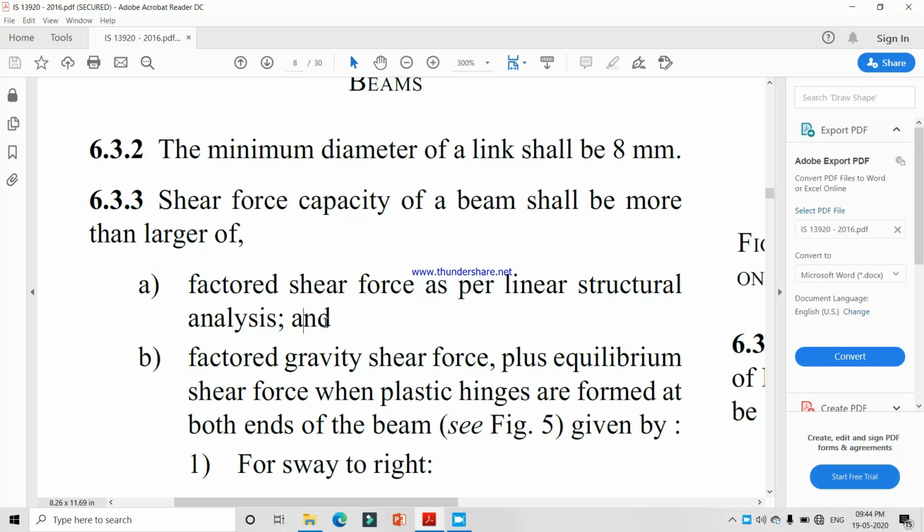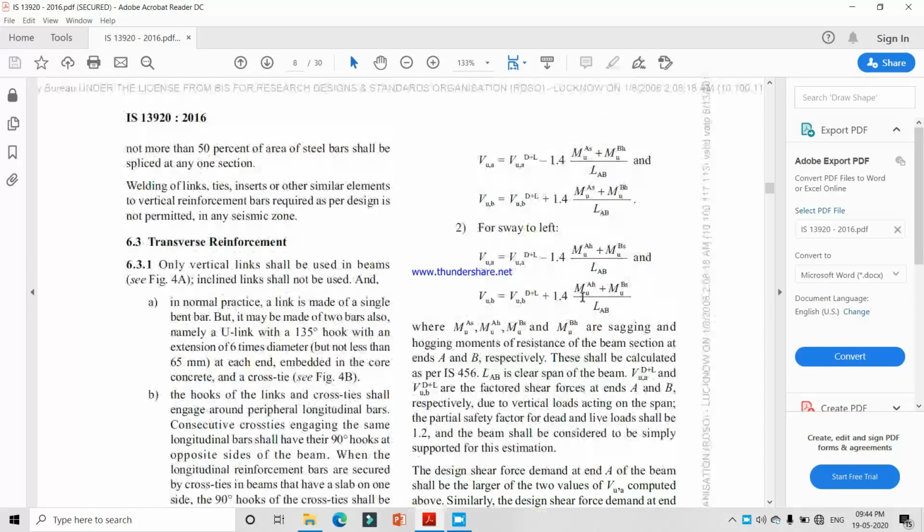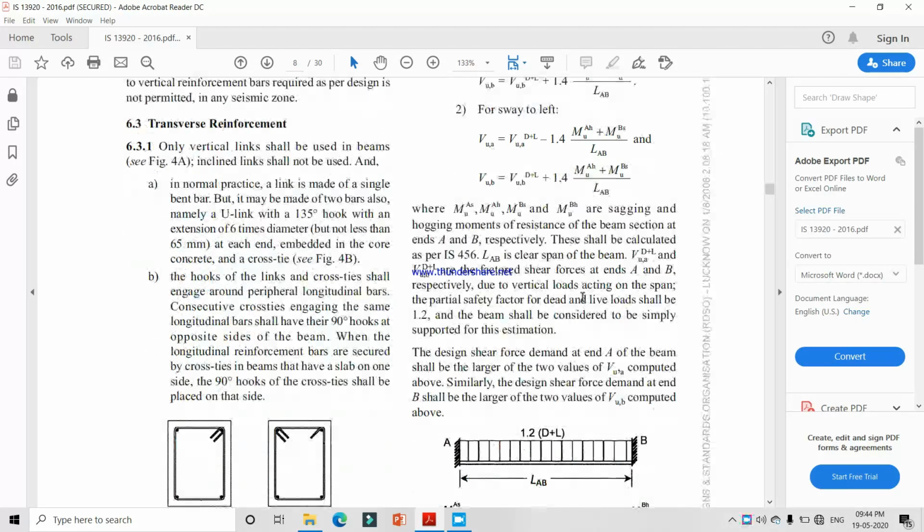Factored gravity shear force plus equilibrium shear force when plastic hinges form. That means plastic hinges are formed at both ends. We can also say plastic hinge is equal to simply supported condition. These are not important for us.